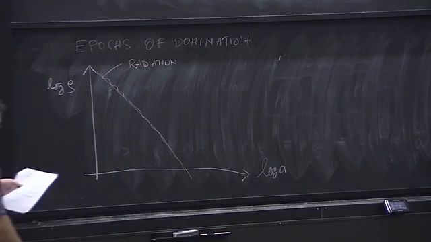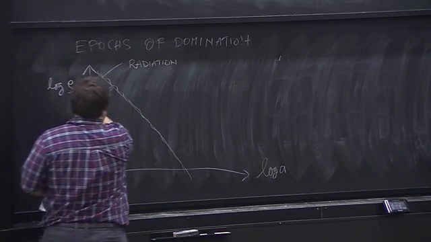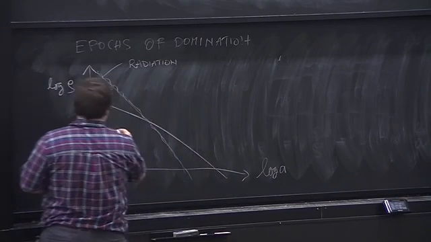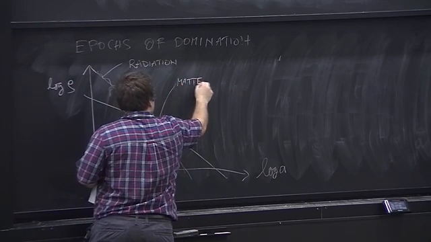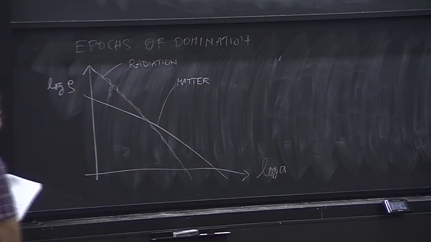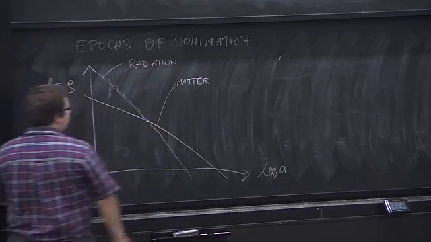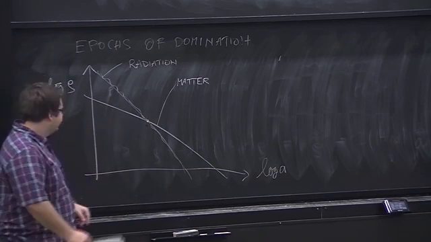Then the matter has slope minus 3. So this would be matter. This would be where the density of radiation and matter were approximately the same.